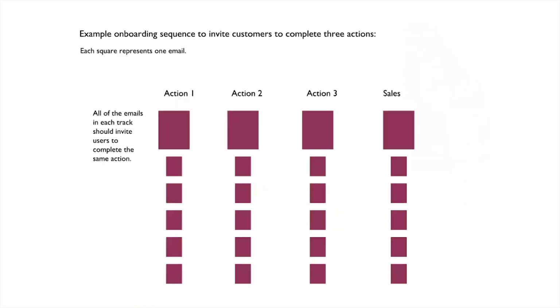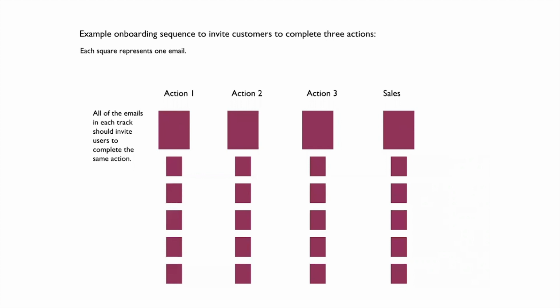Now, I want to show you what I mean when I show you an example onboarding sequence based around 3 different actions plus a sales enablement sequence. So we're going to say, for example, that you have a time tracking software and the customers that are the most successful, that reach an aha moment, that happens when they send an invoice and get paid for it.